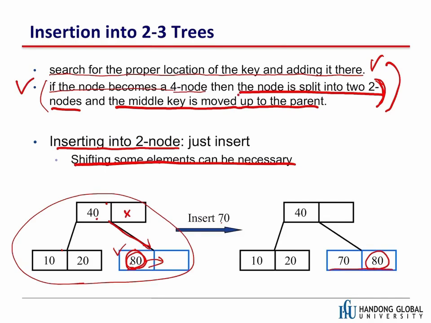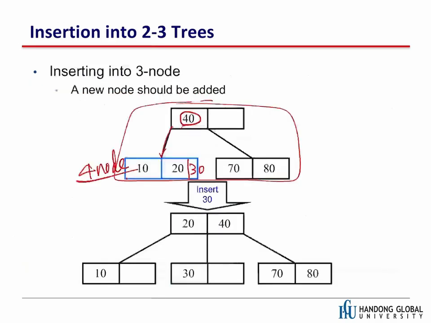And this line says, if the node becomes a 4 node, then the node is split into two nodes, and the middle key is going up to the parent. In this case, we split this one into two nodes, and then the middle one goes up. So the middle one, 20, goes up.